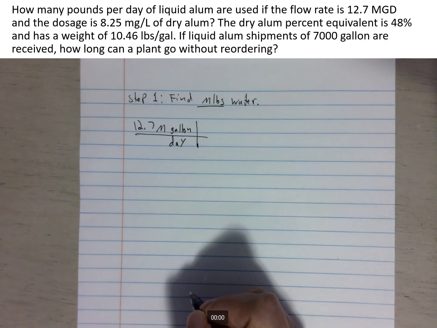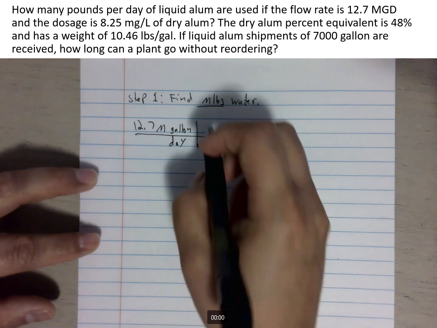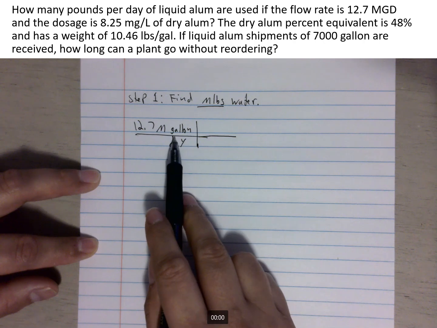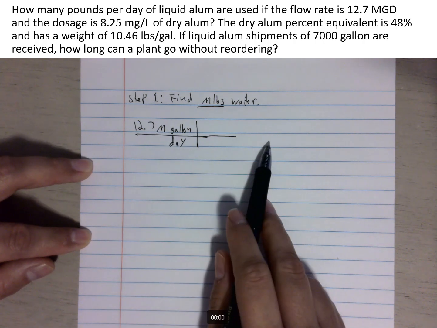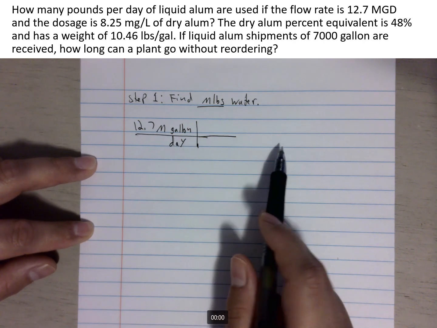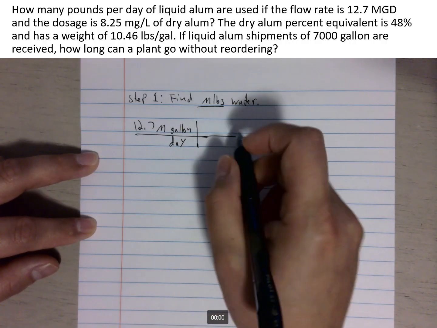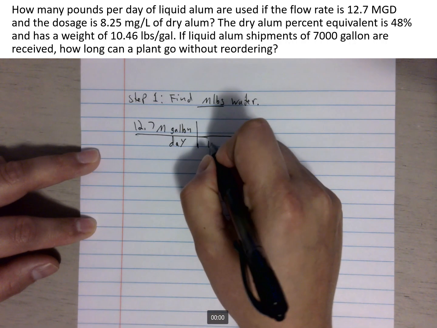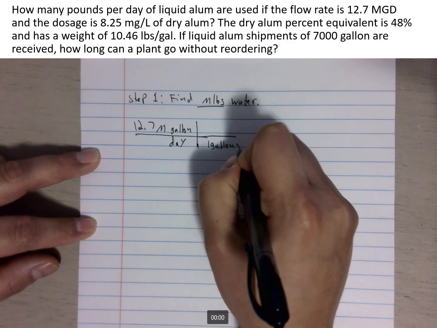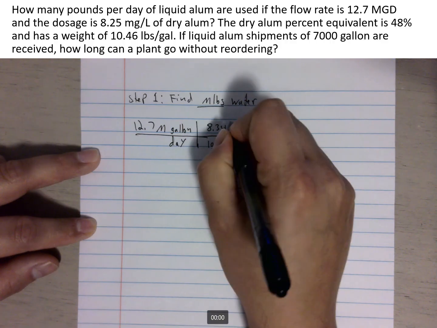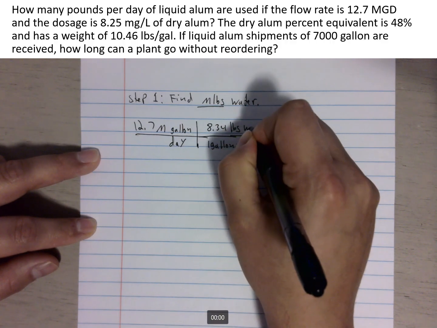In this case, we're given the value in million gallons per day, and I'll show you a quick calculation that can be done so that you can have your answer in million pounds per day. Again, from our conversion sheet, we want to put gallons on the bottom. 1 gallon is equal to 8.34 pounds of water.